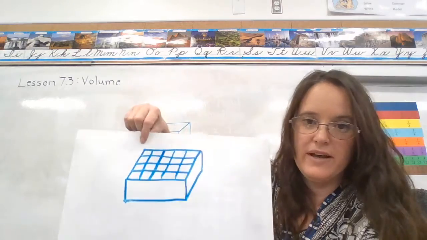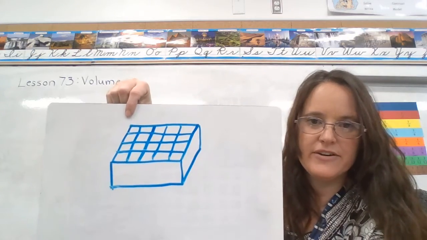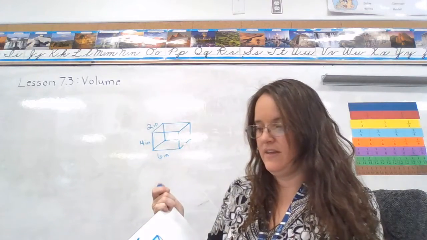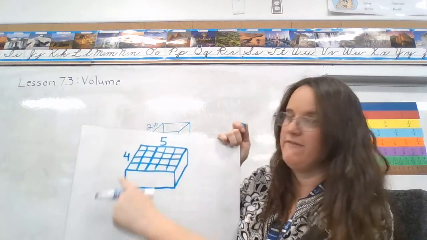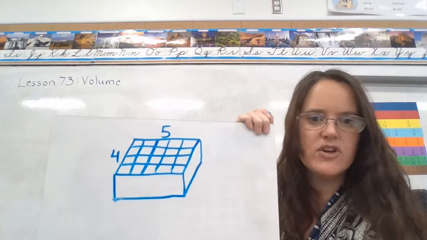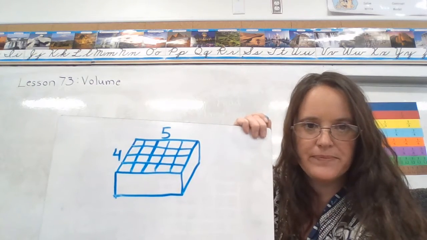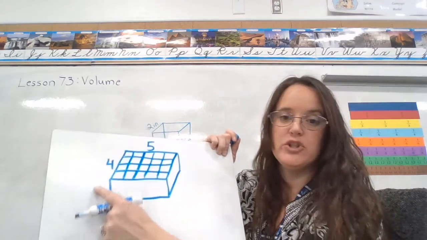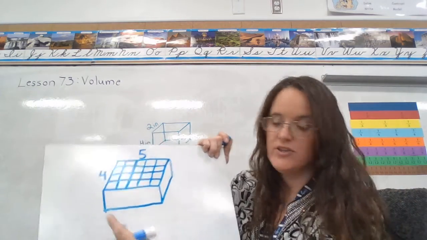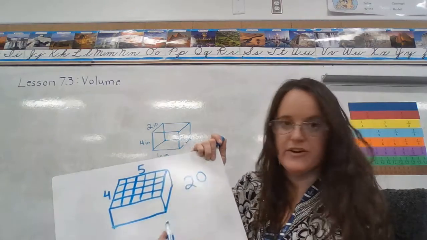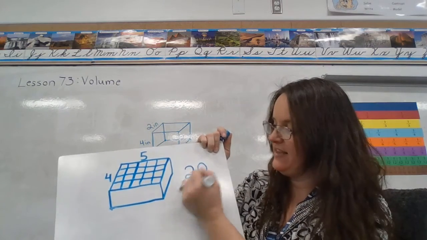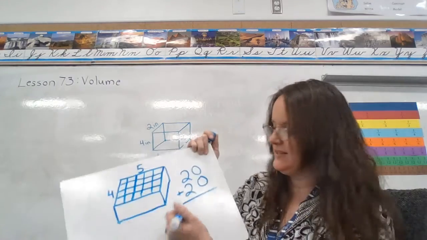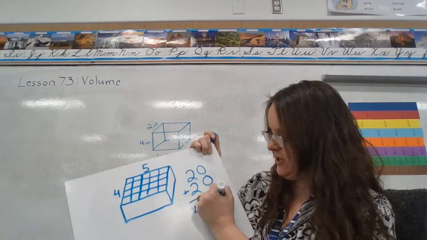So we start by saying, how many cubes are in the top layer? If you count them, you can see that we have 5 going this way and 4 going this way. So how many cubes are in the top layer? 20. And the problem told us that there are 2 layers. So if it's 20 in one layer, it would also be 20 in the other layer. So how many cubes are in this box? 40 cubes.